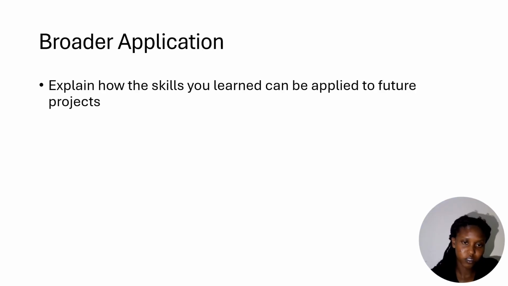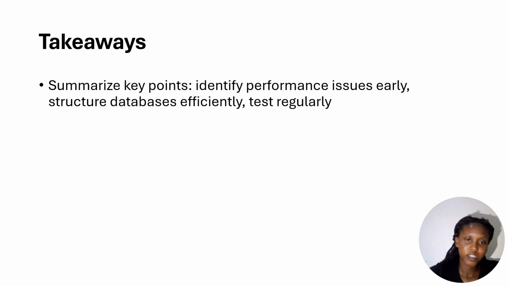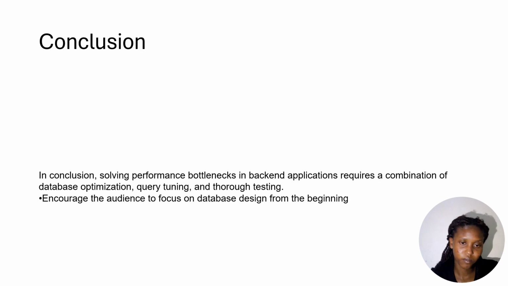Broader application. Explain how the skills you learned can be applied to future projects. From the skills I learned, the optimizations can be applied to future projects, enhancing performance from the start. Takeaways: summarize key points, identify performance issues early, structure databases efficiently, and test regularly.